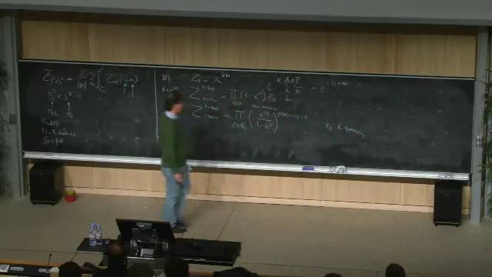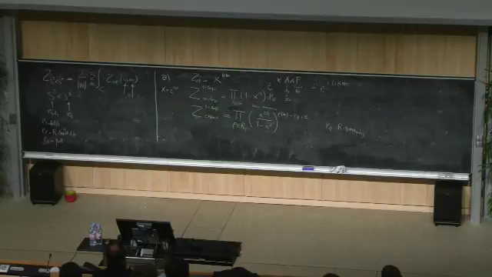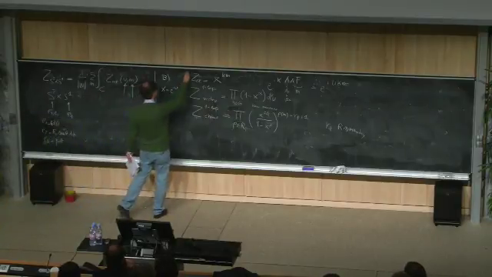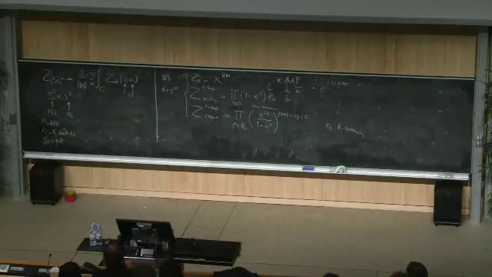Where R phi is the R symmetry of your field. I'll give you in a moment an explicit example where you can see how you can explicitly construct the partition function for a field theory. So you see that this is a rational function in X.